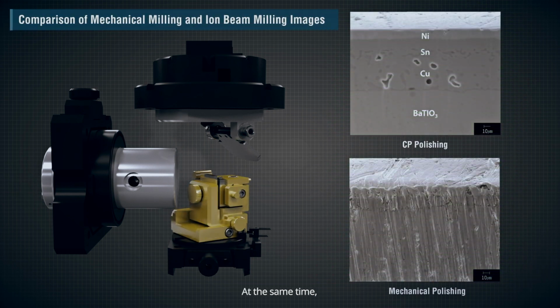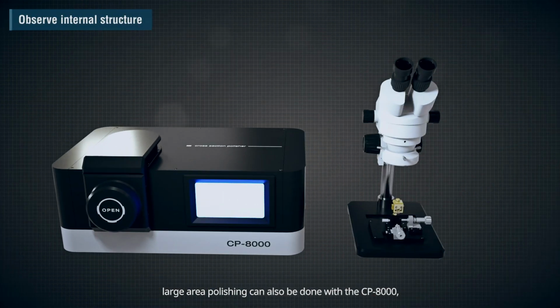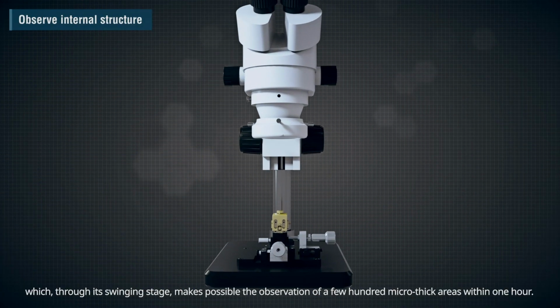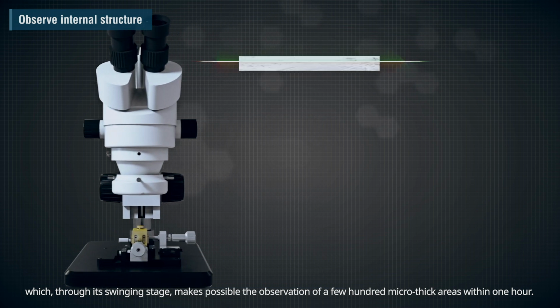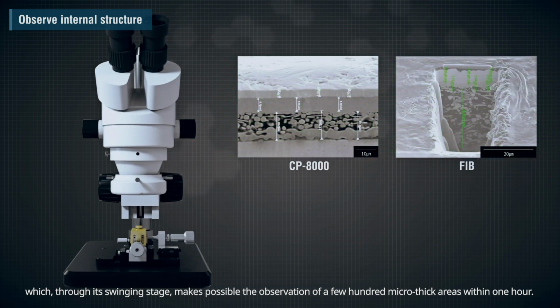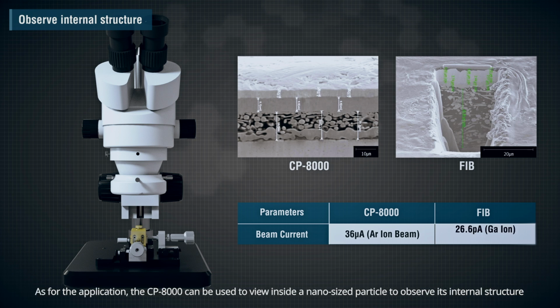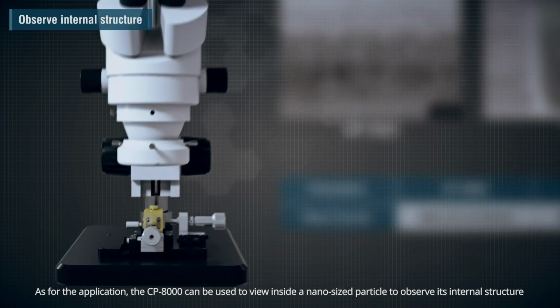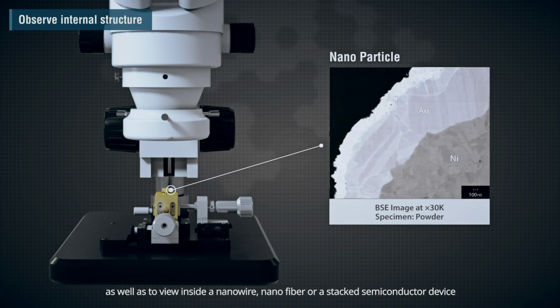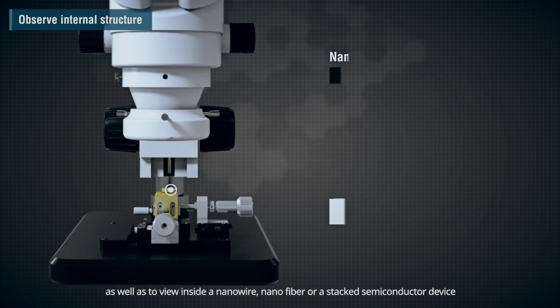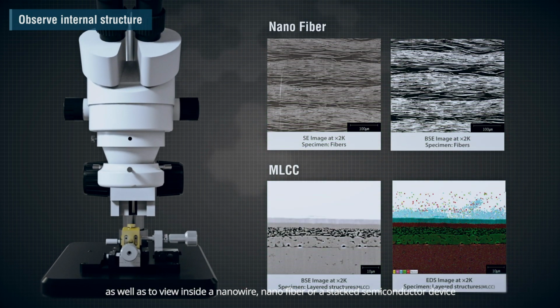Our CP8000 allows clear observation of nano and microscale areas inside the sample. At the same time, large area polishing can also be done with the CP8000, which, through its swinging stage, makes possible the observation of a few hundred micro-thick areas within 1 hour. As for the application, the CP8000 can be used to view inside a nano-sized particle to observe its internal structure, as well as to view a nanowire, nanofiber, or a stacked semiconductor device.